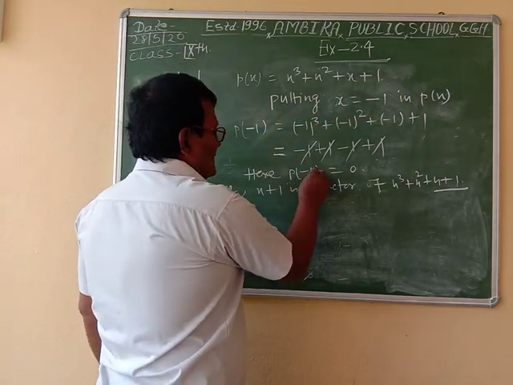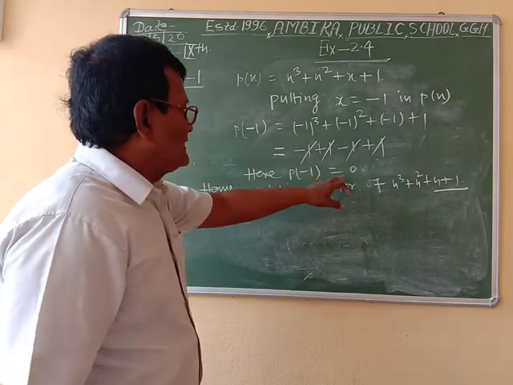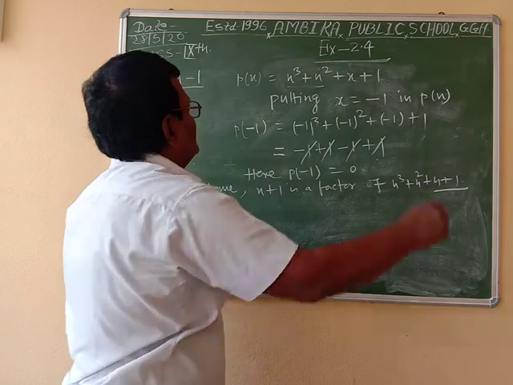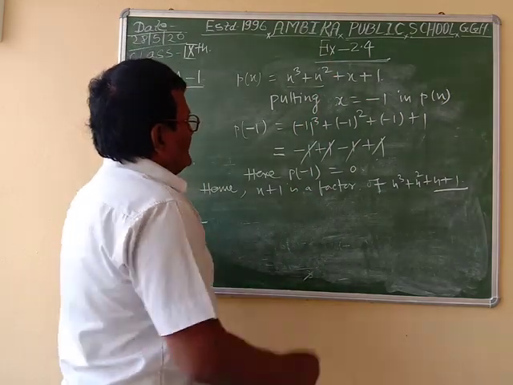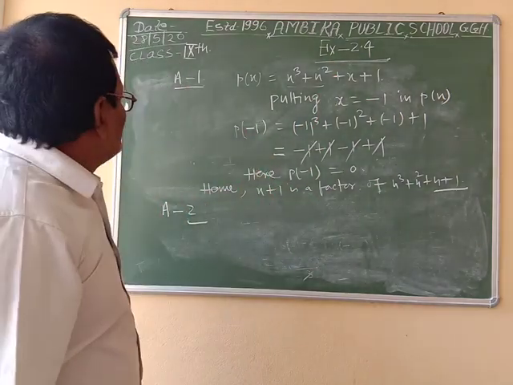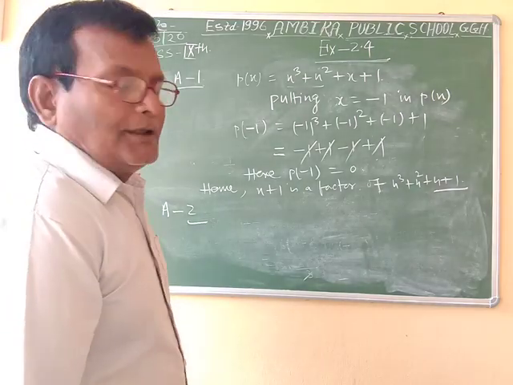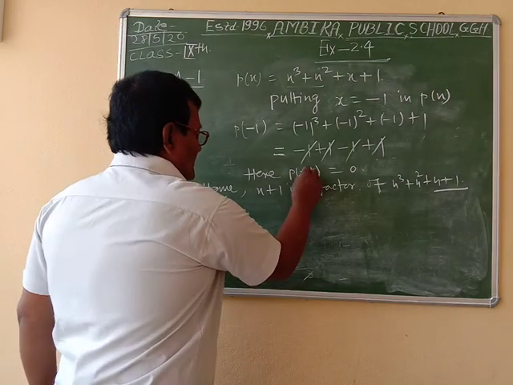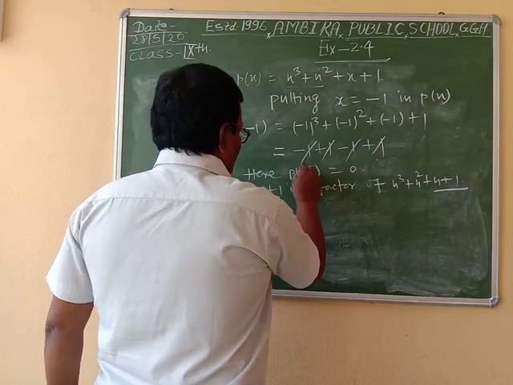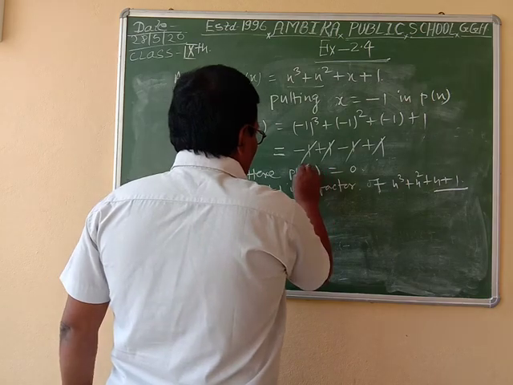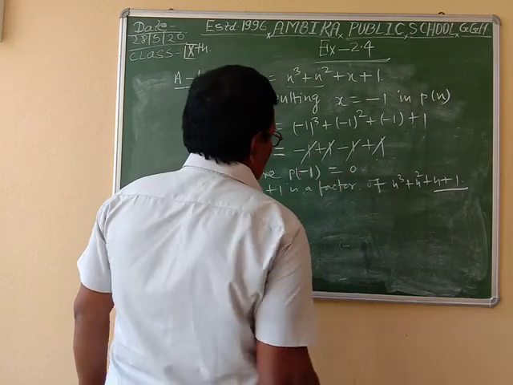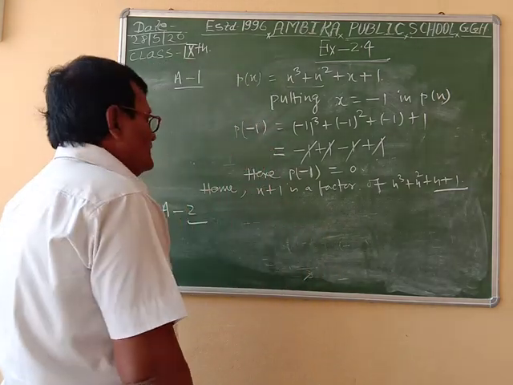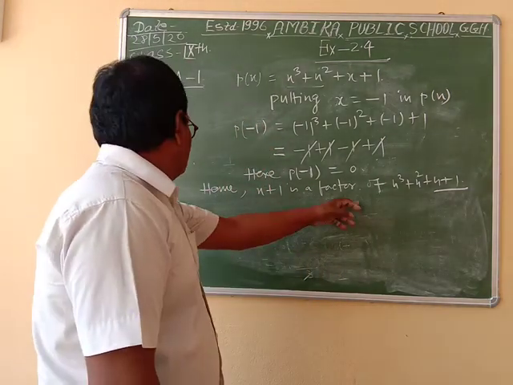If P of minus 1 is not 0, then x plus 1 will not be a factor of the given expression. So in questions 2, 3, 4, you can put x equal to minus 1 in Px, and if P of minus 1 is not equal to 0, then x plus 1 will not be a factor of the given expression.